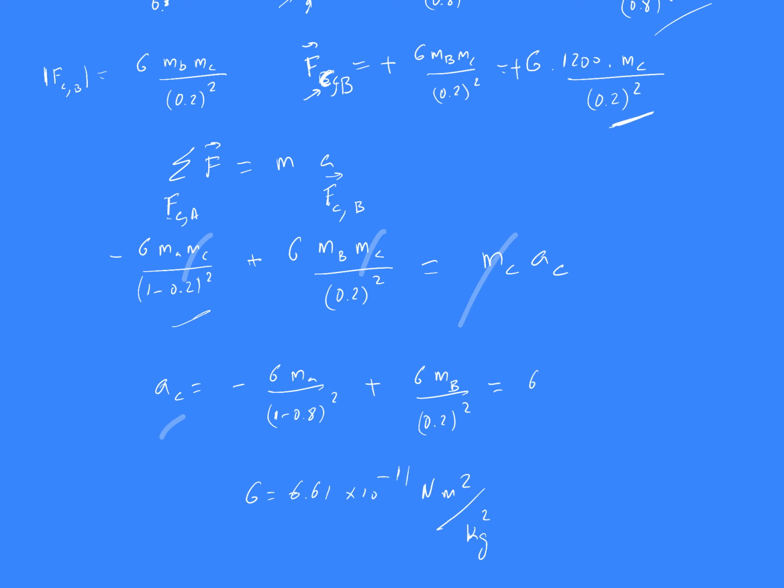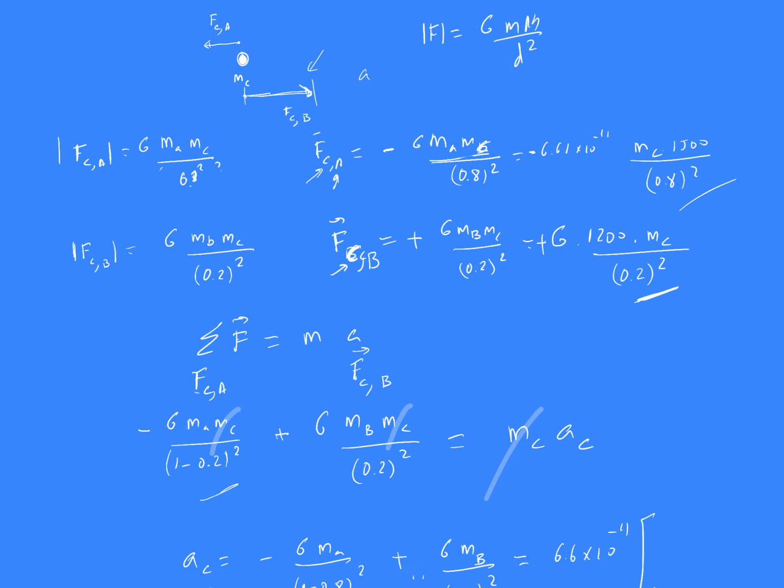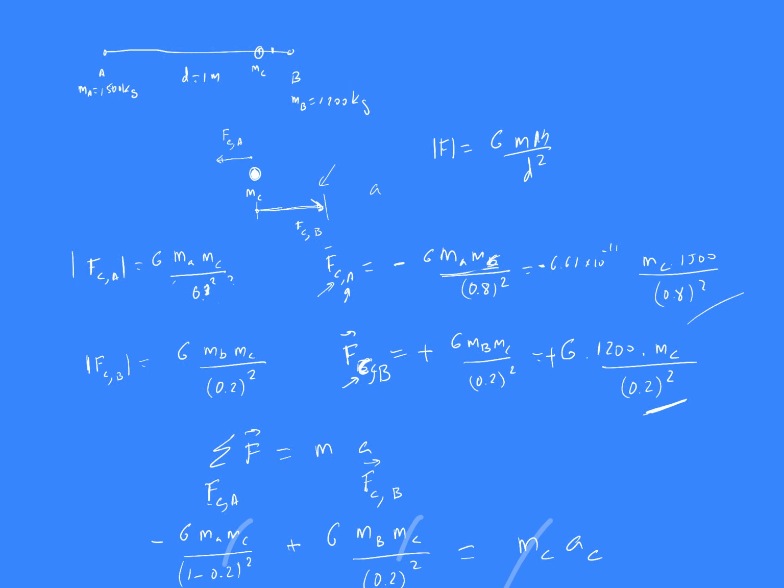The G is 6.6 by 10 to the minus 11. Now MA is 1,500. Divided by 1 minus 0.2, I made a mistake, divided by 0.8 squared.